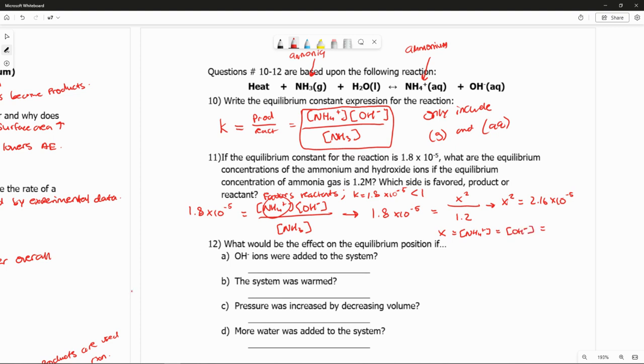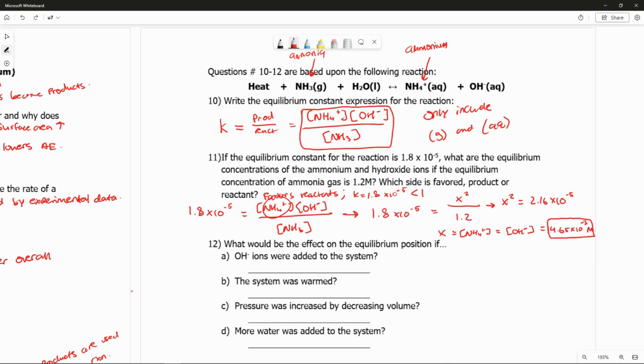This is going to be equal to what we square rooted earlier, which is 0.004647, which I'm going to round and convert to scientific notation, 4.65 times 10 to the negative third molar. And that is our final answer. This applies both to the concentration of NH4 and hydroxide, because each is seen as x.